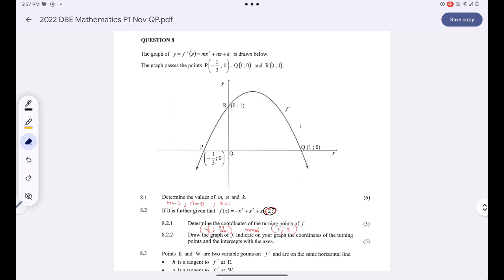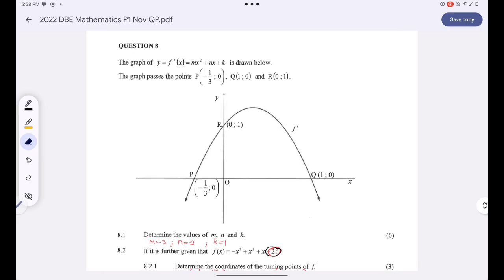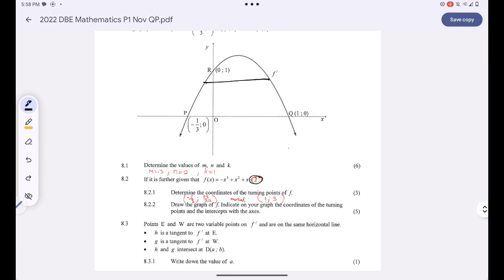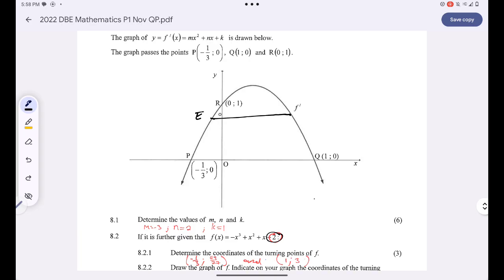You have two tangents. We have 2 points there, E and W. These tangents move like this, the other one moves like this, and the other one will move like that. Please note that, guys, these two tangents will meet at point D. Let's say this is point D over here.